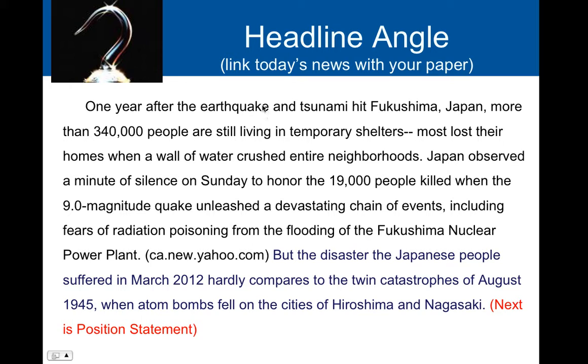So you'll notice that this is the current event that happened, and this person is linking it to their paper on Hiroshima and Nagasaki and the deaths that occurred due to the atomic bombs.